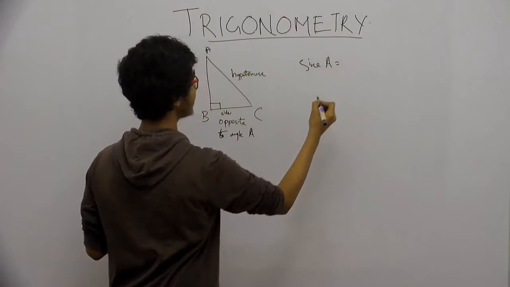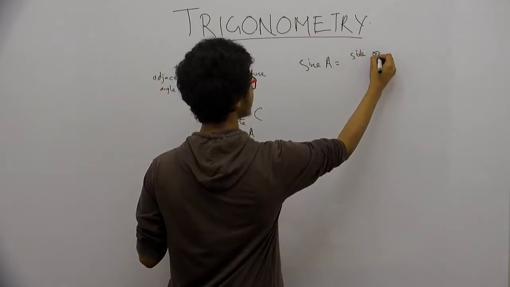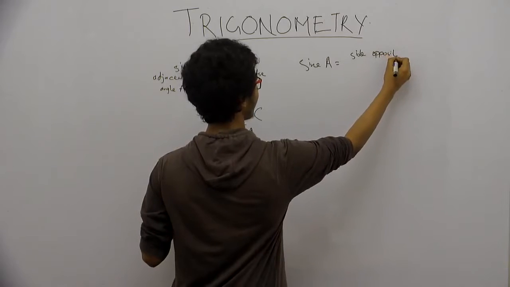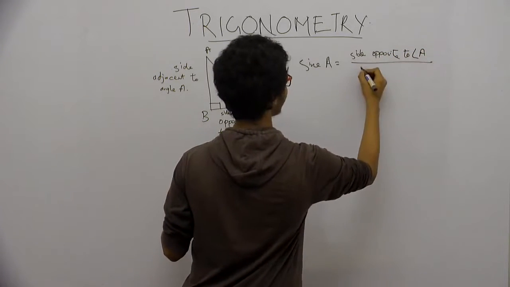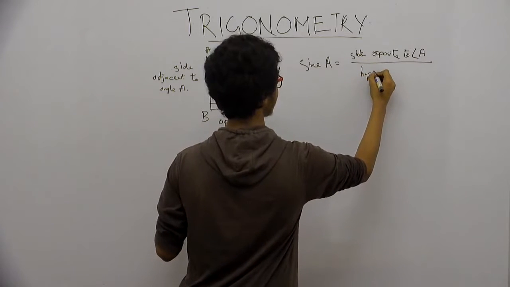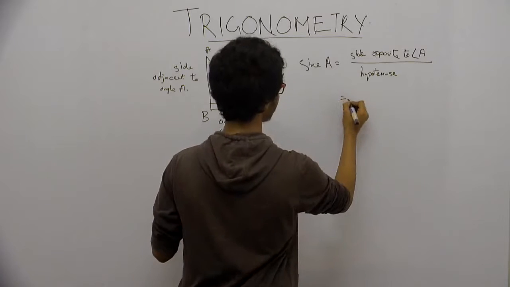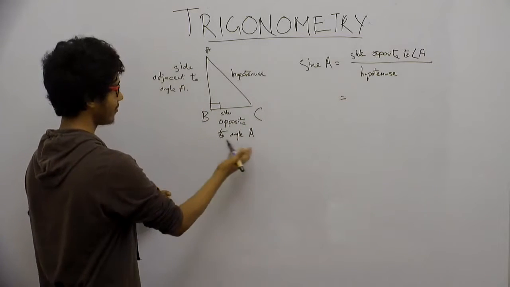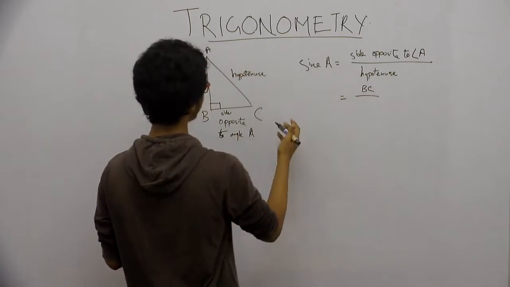Sine A is defined as the side opposite to angle A divided by the hypotenuse, which is basically nothing but the side opposite to angle A is BC and the hypotenuse is AC.